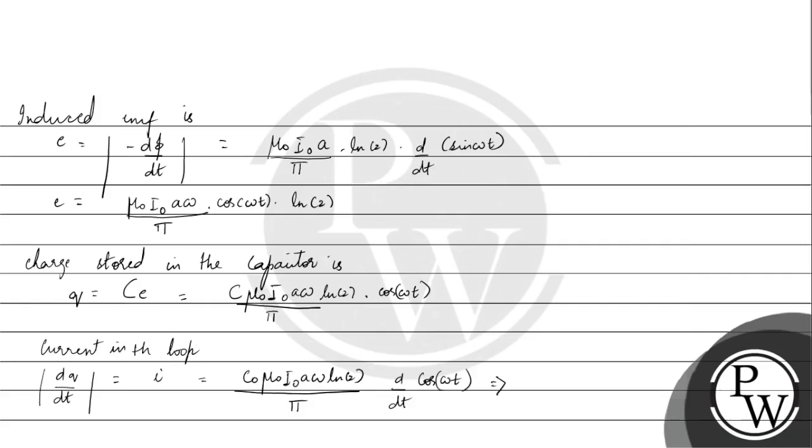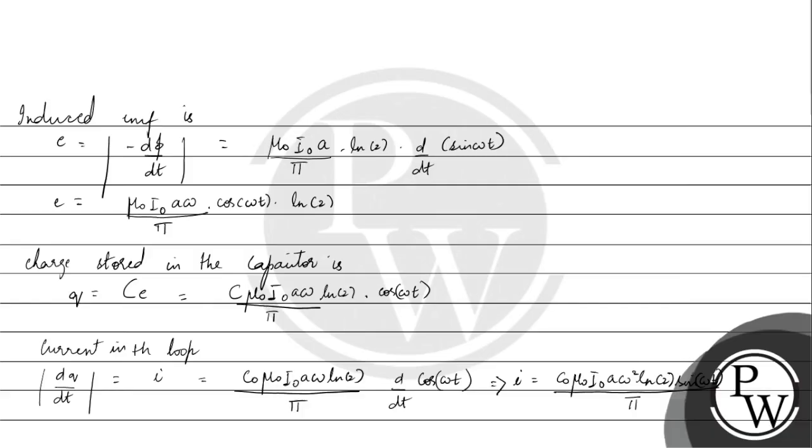So we will get I equal to C mu naught I0 a omega squared ln 2 sin omega t divided by pi.